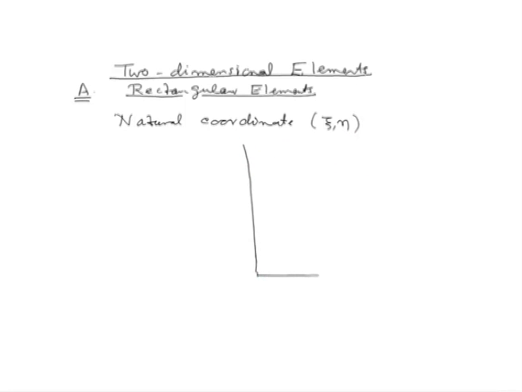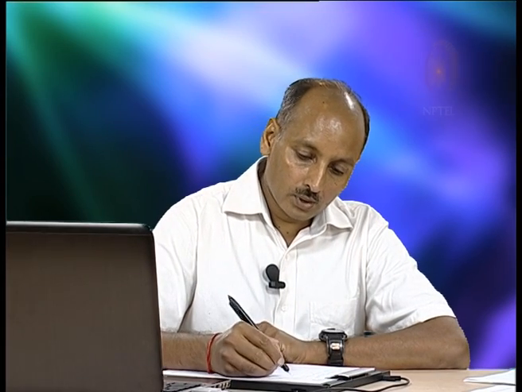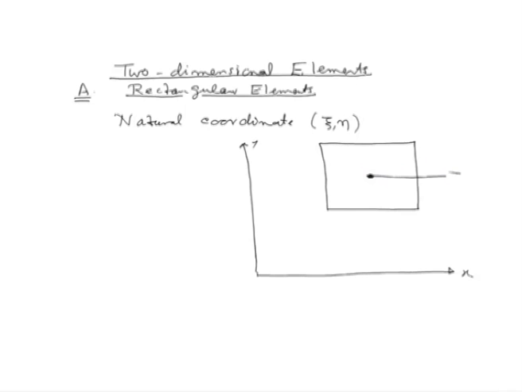So, if you are looking at our xy coordinate system, let us say we have got a rectangular element. The centroid of this element is what would be chosen as the origin of our natural coordinate system. So, the one local coordinate parallel to x is what we will call xi, and the one parallel to y direction would be called eta. Their definition is very similar to what we had defined earlier for the one dimensional case.